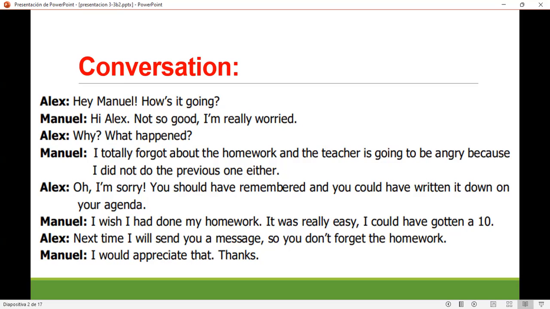Okay, now look at this conversation. They are discussing because some of their friends forgot to do the homework. But look at here, we have some modal verbs. For example, we have should, we have could. Also, we have another could here.